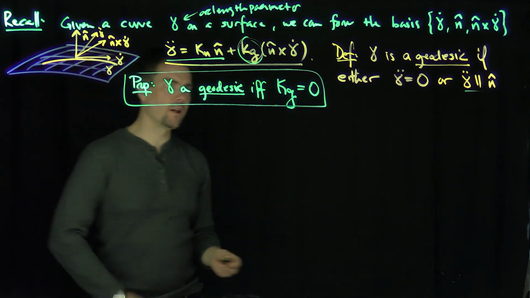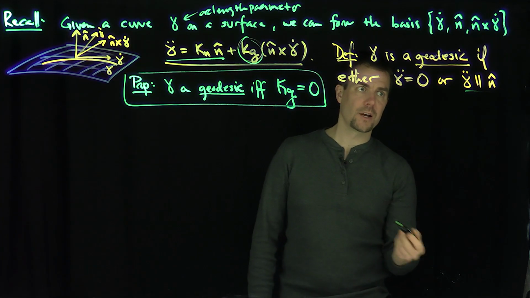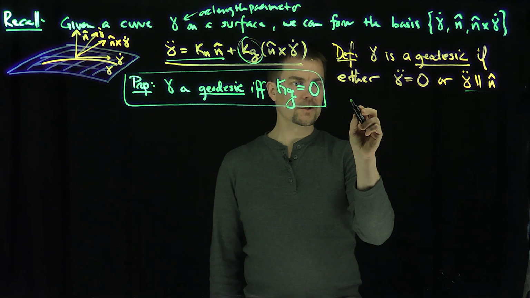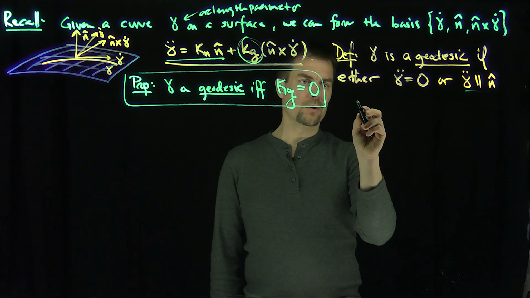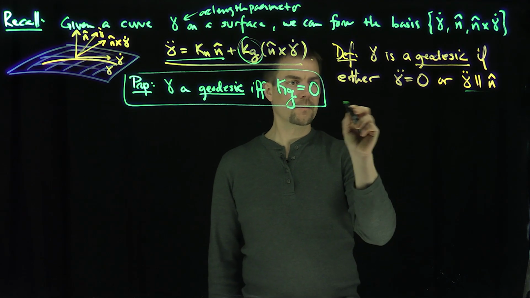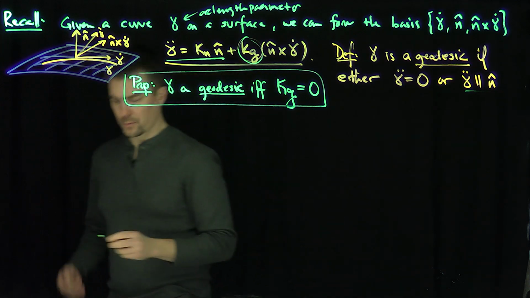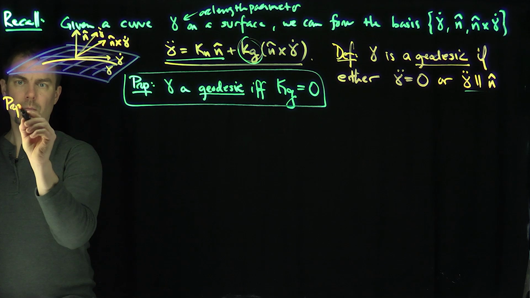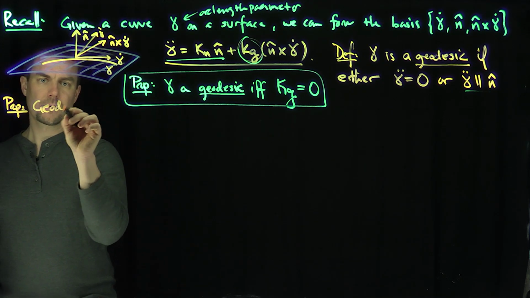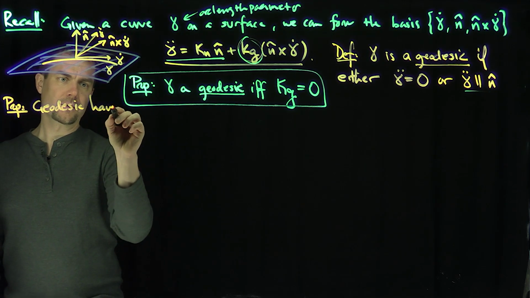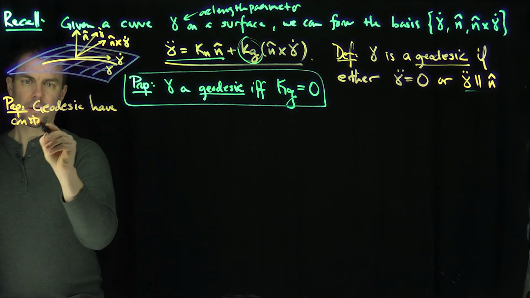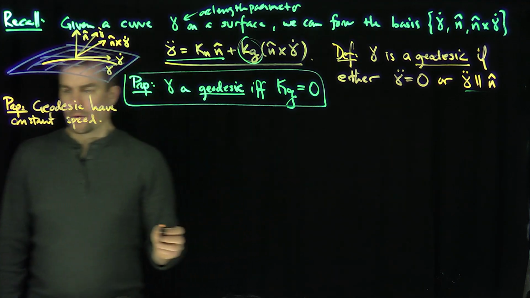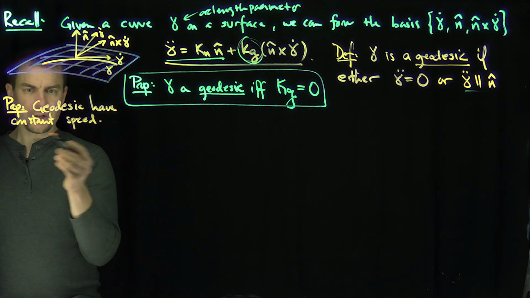The next proposition we have is the following. Geodesics have constant speed. So gamma must be in unit speed parameterization. If we do the derivative, it follows with calculation.